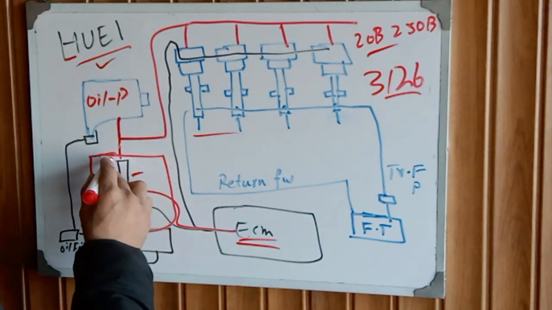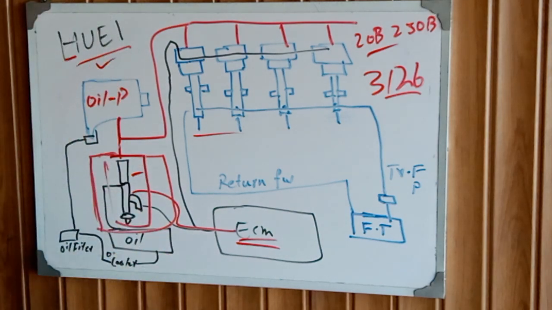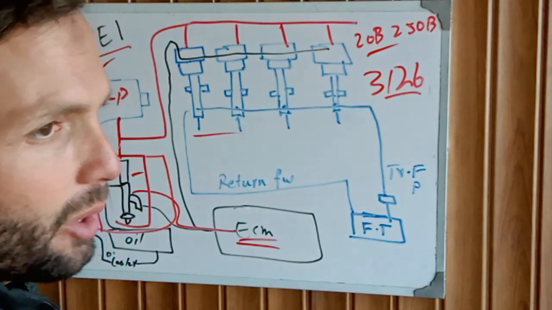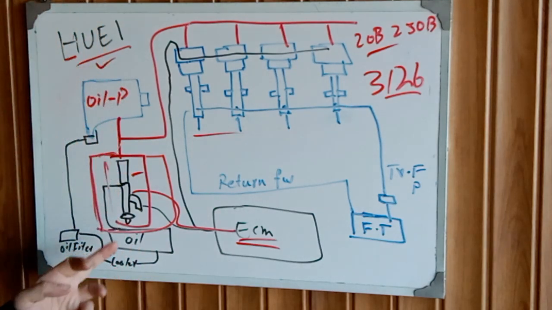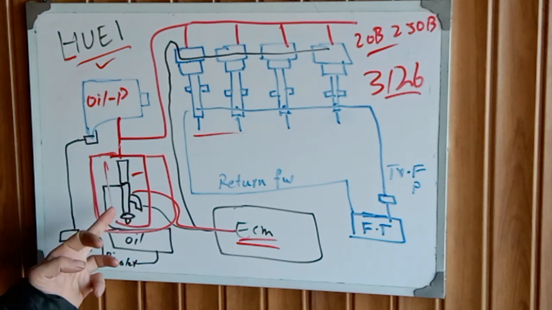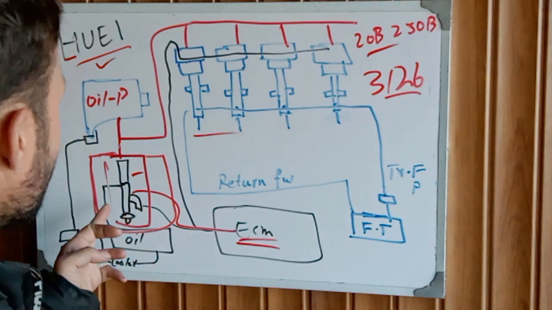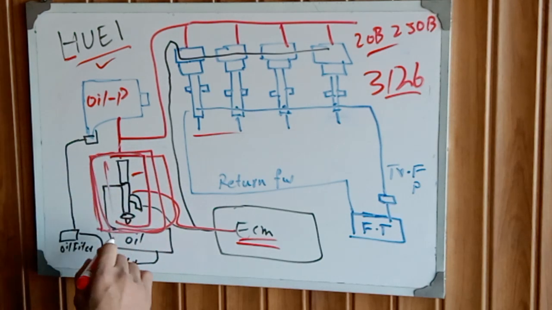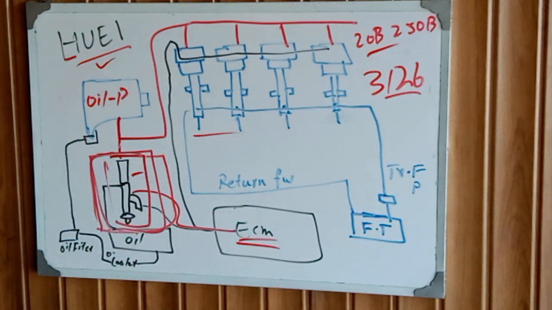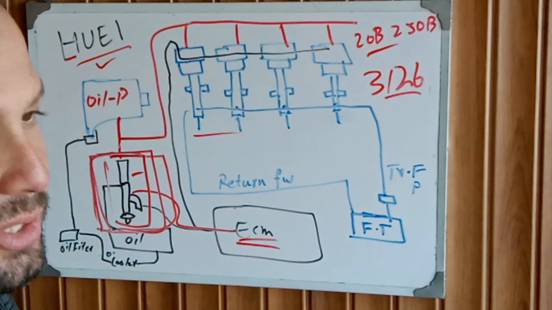Most of the time there is a small solenoid inside this oil pressure regulator. Sometimes it gets stuck and sometimes it gets dirty, and then it stops working, and after that we have trouble with the engine cranking but not starting.